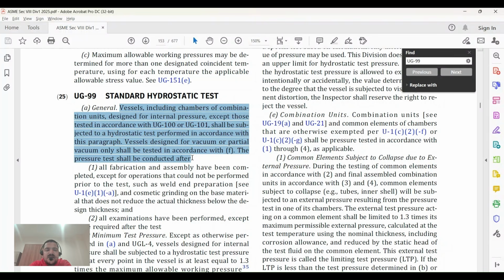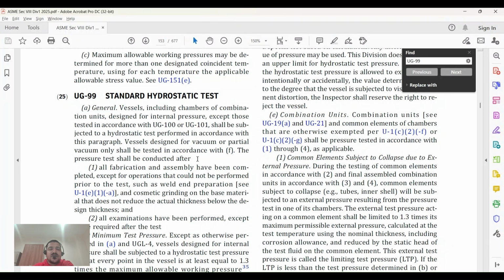Under certain circumstances, if we are not in a position to perform the hydrostatic test, we can do the pneumatic test. But of course, there are certain conditions through which we should have compliance.